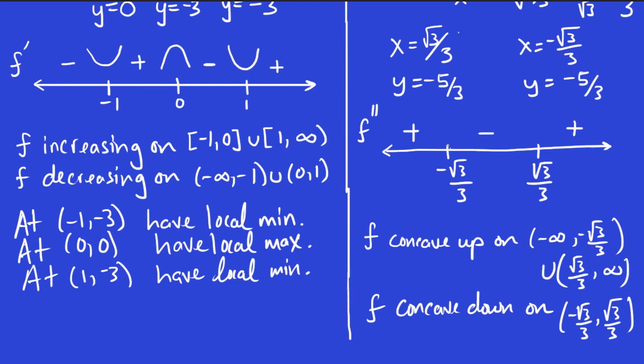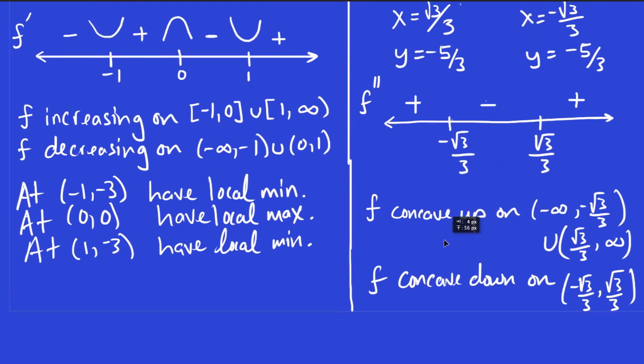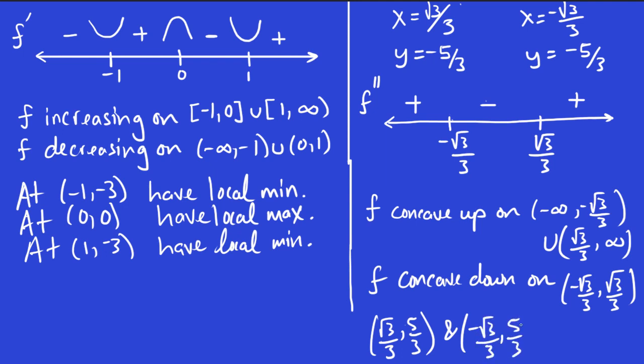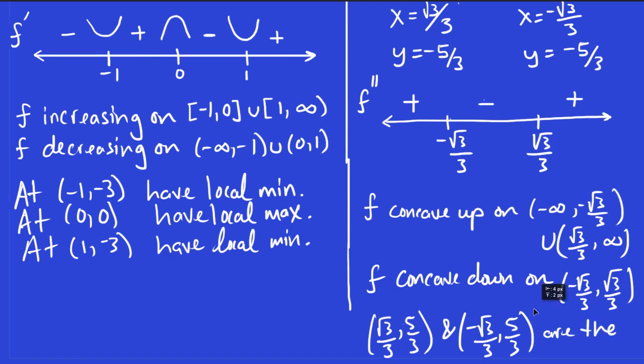And notice at both of these points, there is a change in concavity. It goes from plus to minus, and here it goes from minus to plus. So these points are definitely inflection points. So root 3 over 3, comma negative 5 over 3, and the other one, minus root 3 over 3, comma negative 5 over 3, are the inflection points.